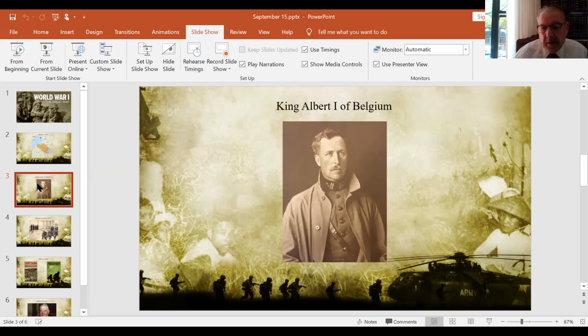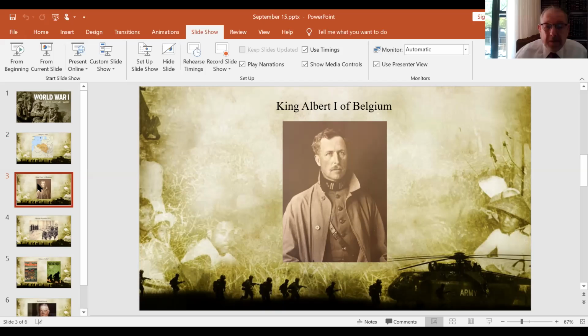He said very clearly, law takes precedence over family. I might be related to the Kaiser, to the Emperor of Germany, but I'm the king of Belgium. And as the king of Belgium, I signed an agreement, the Treaty of London.